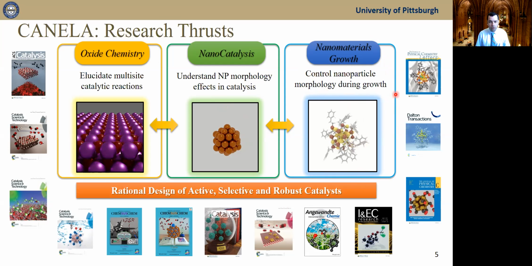Because if we can control the final nanoparticle morphological characteristics, then we can control the nanoparticle catalytic properties, and also we can combine these metal nanoparticle properties with properties of metal oxides, which are commonly used as supports in heterogeneous catalysis to design very active, selective, and robust catalysts.